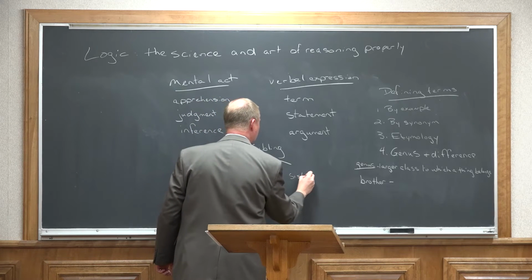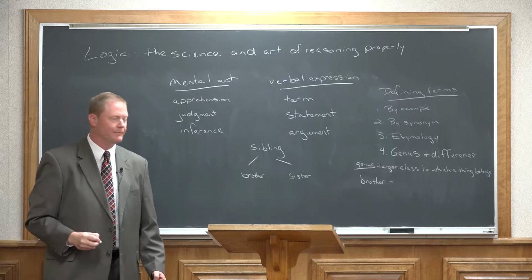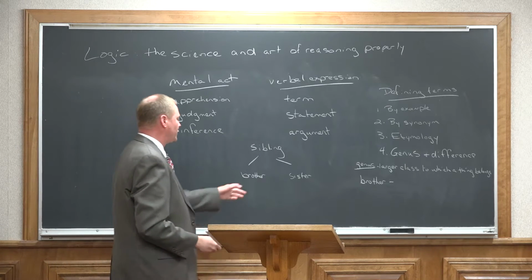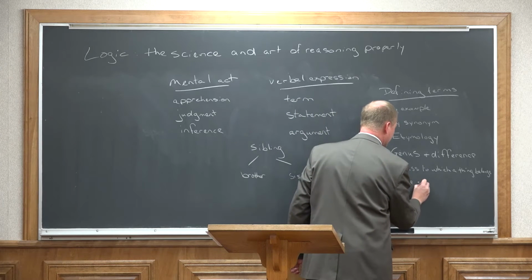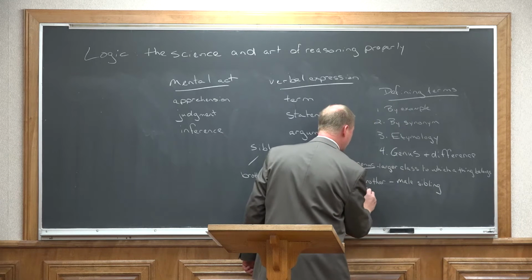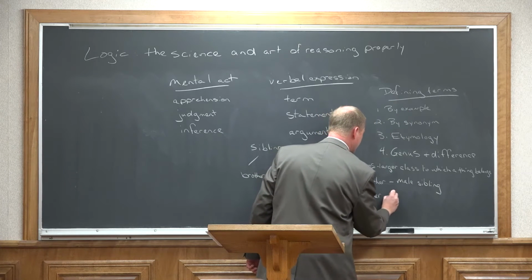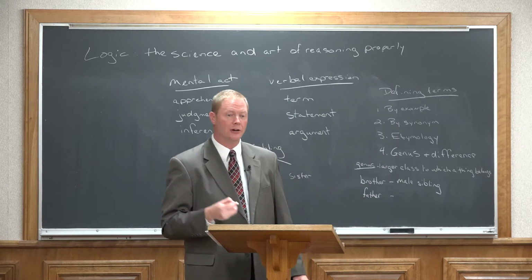And until secularism creates a third sex, that's all we've got. Brother and sister. So a brother would be a male sibling. A father, defined by genus and difference, would be the male parent.